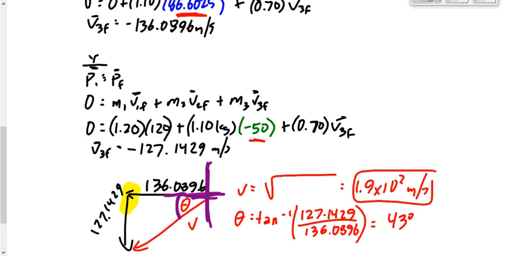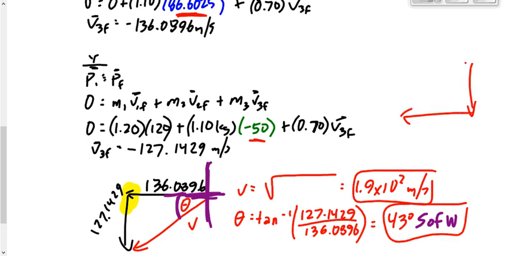My angle is measured from the south or from the west? It's touching the west, right? So we're going to say it's south from west or south of west. Or if you had it drawn the other way, like this, you would have gotten an angle of, what would that have been? 47 degrees west of south. That would have been fine as well.